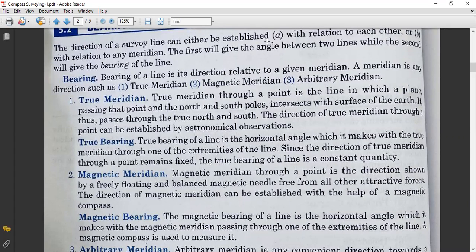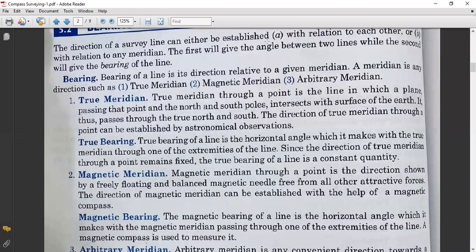The magnetic needle will always be aligned in the north and south magnetic directions of the earth.